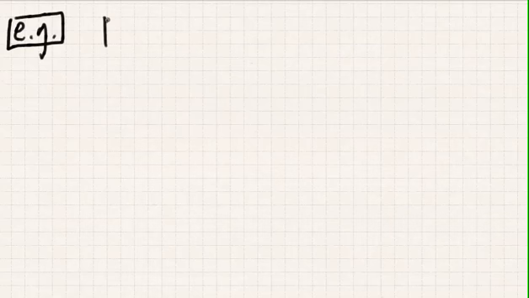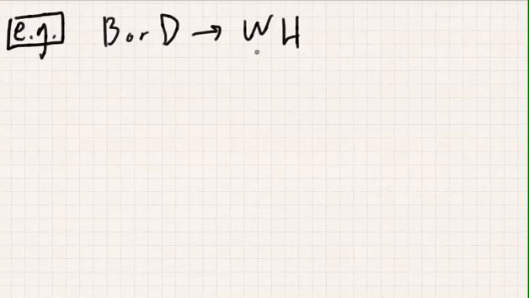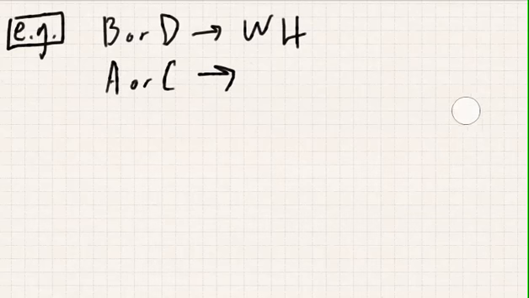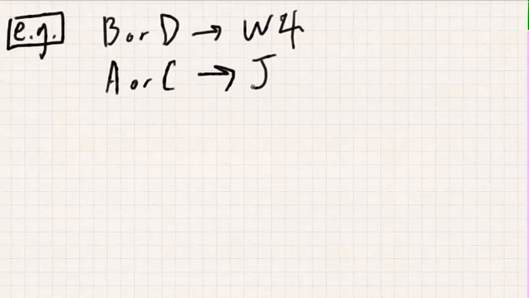I could take the B or the D to West 4th Street and transfer to the F. I could take the A or the C to West 4th Street and transfer there, but the F takes a little bit longer from West 4th Street than the A or C. So West 4th Street, and if I took the A or C, I would take it to J Street.